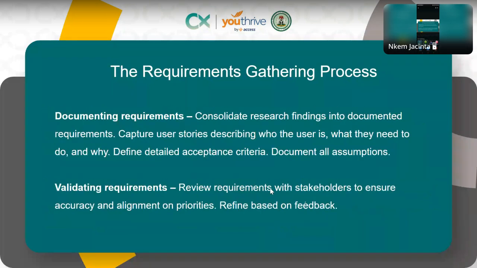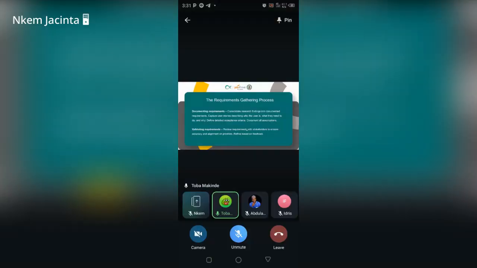So we also have documenting the requirements. After you've planned your requirements, you've done stakeholder interviews, you've done your user research, you then need to document it. You consolidate the research findings into documented requirements, capturing user stories, describing who the user is, what they need to do, and why. Did you get that?